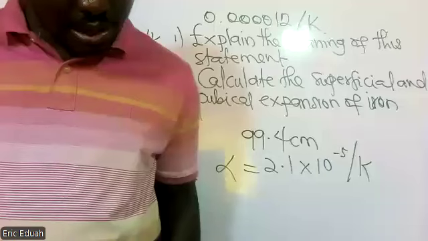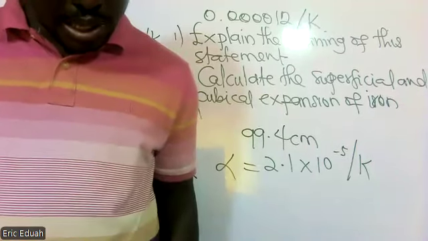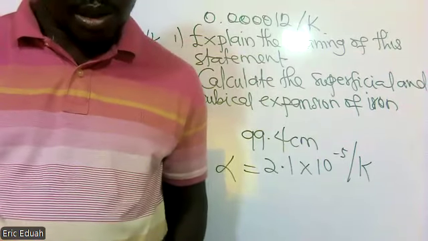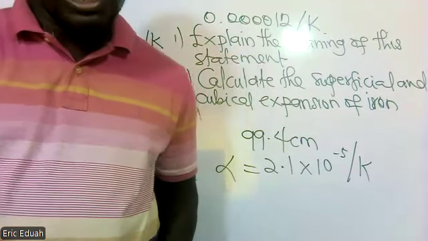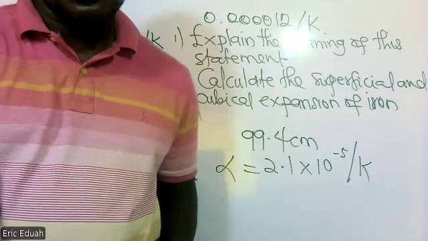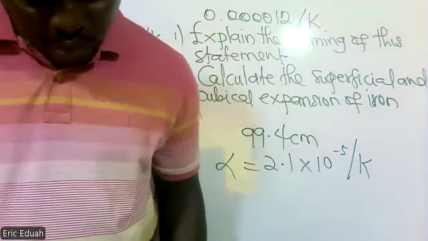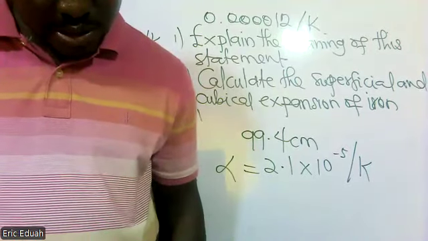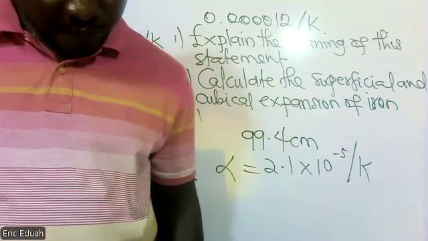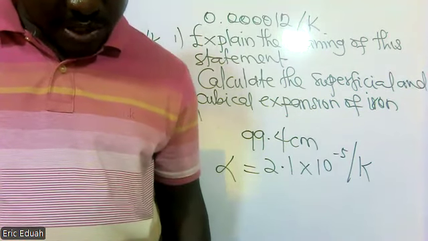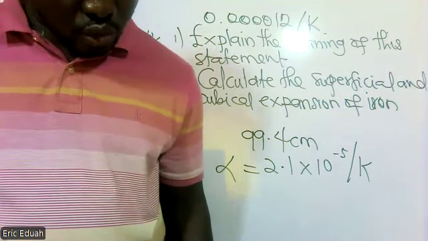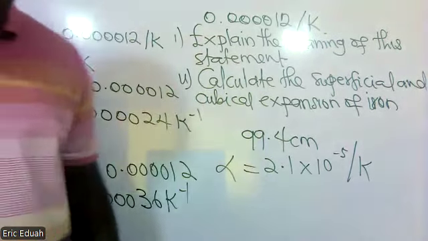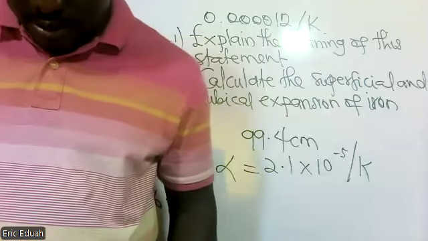At what temperature will its length be 100 centimeter if the linear expansivity of the metal is 2.1 times 10 to the power -5 per Kelvin?